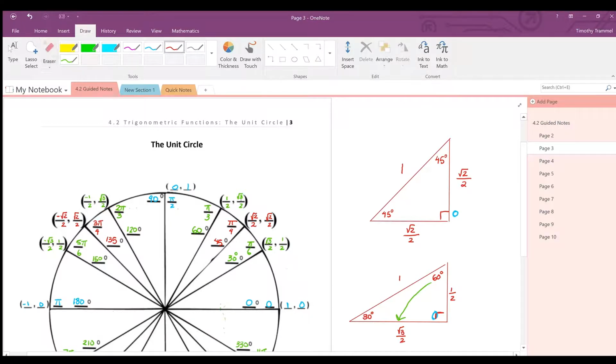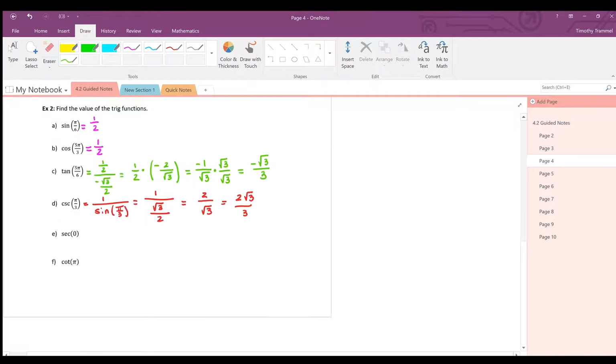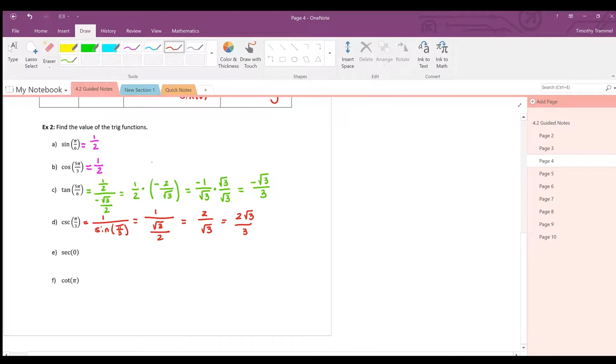Okay. I'm going to add in an extra step here, though. This is 1 over cosine of 0, and cosine of 0 again was 1, so we get just 1.